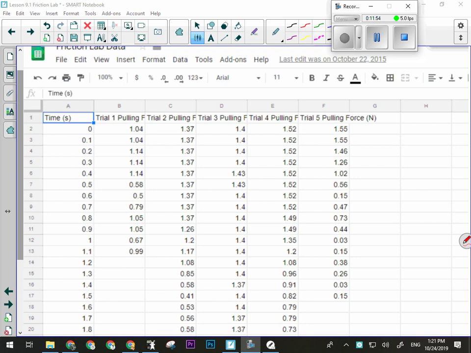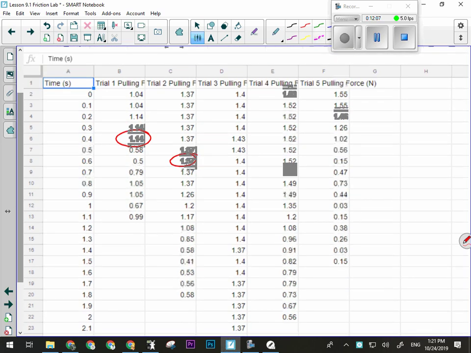My largest force for trial 1 was 1.14 newtons. For trial 2 it was 1.37. For trial 3, it was 1.43. For my fourth one, looks like 1.52 was my biggest, and for trial 5, 1.55.